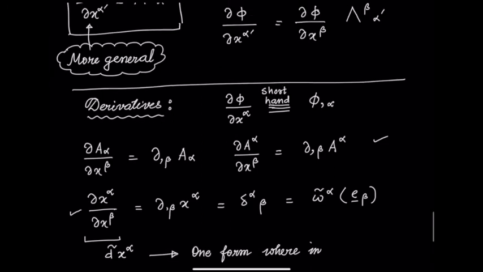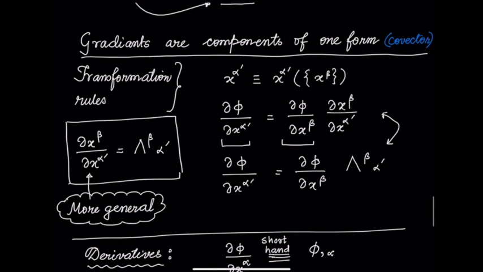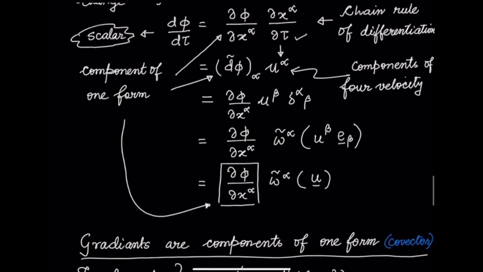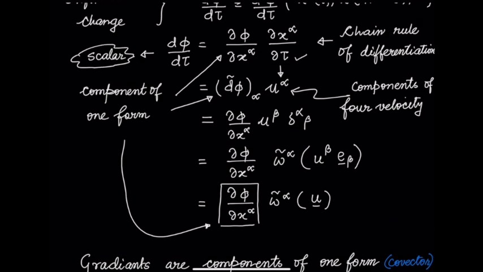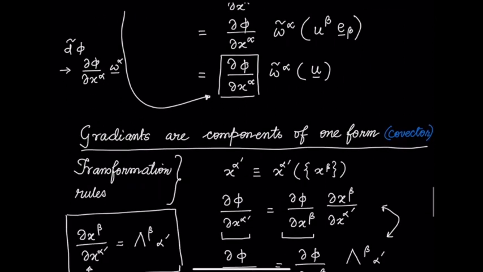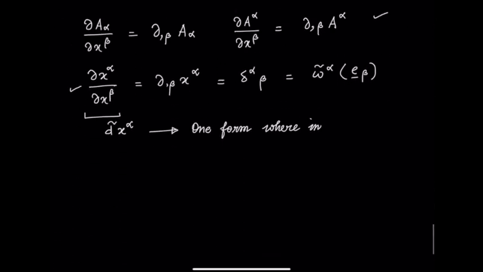This is a one form in the exact same sense as the gradient is a one form. Remember the gradient one form, which was given by this. The only thing that has happened for this particular one form is that I have replaced phi by the alpha component of x.